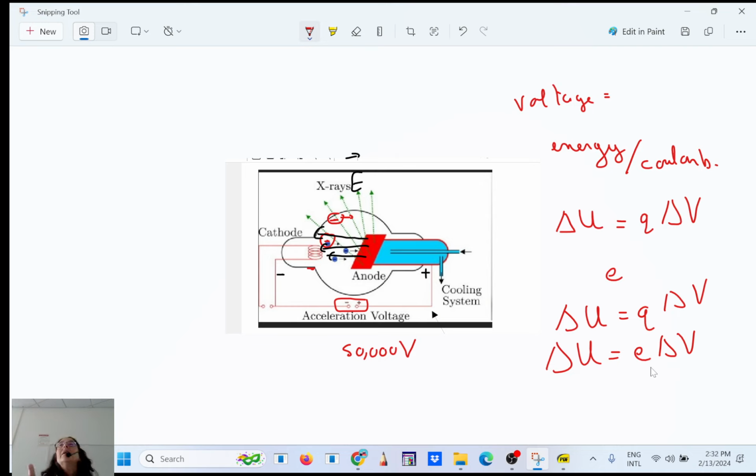If you have a power supply of 120 volt from the outlet, per coulomb that will be 120 joule per coulomb. But per electron, that will be 120 eV. Okay?